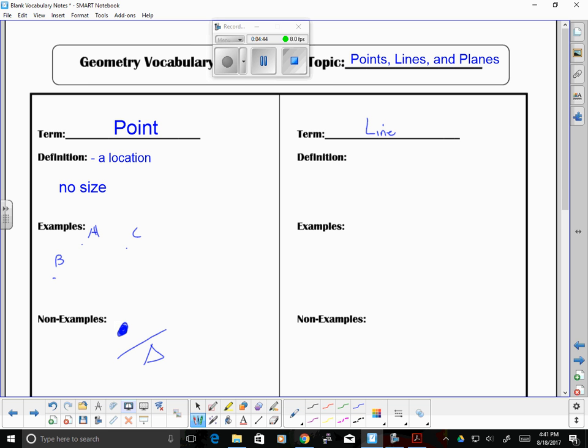A line has one dimension, and it extends forever in two directions.